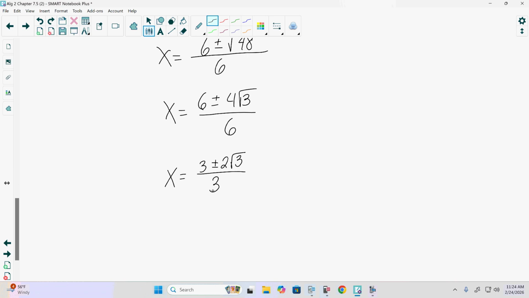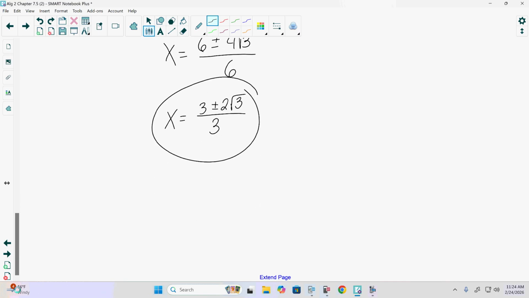This is the answer. And we actually have 2 answers, because we have 3 plus 2 square roots of 3 and 3 minus 2 square roots of 3. Is either one of those our restriction? Yep. So that's it. That is the answer.